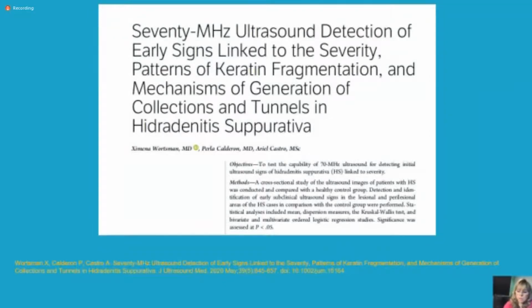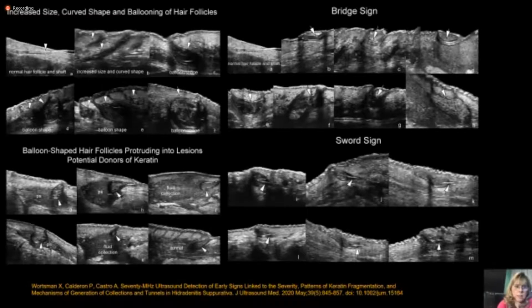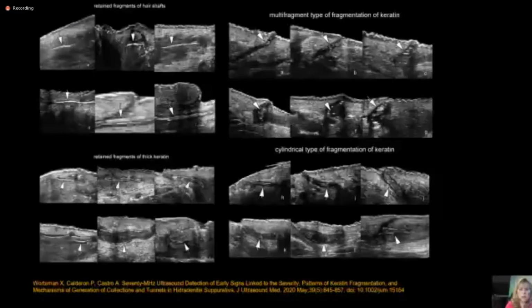If we go up to 70 megahertz, we can see with exquisite detail the early changes of hidradenitis. That includes, for example, the dilation of the hair follicle, the curve shaped ballooning of the hair follicles, and the presence of thick fragments of keratin in the dermis, and the different types of fragmentation of the keratin within the lesion, such as a multifragment type or a cylindrical type of fragmentation.